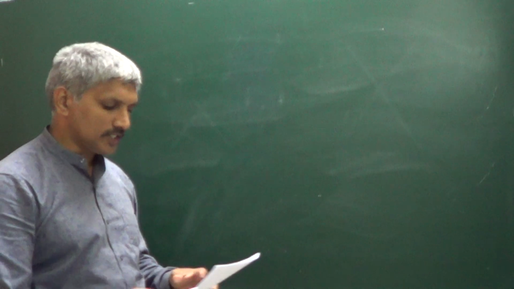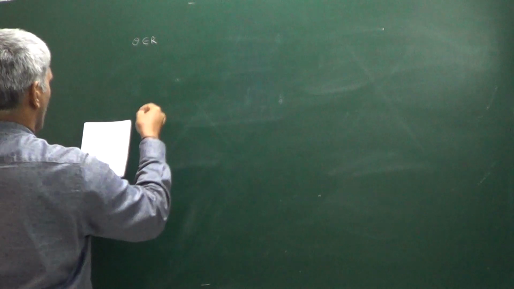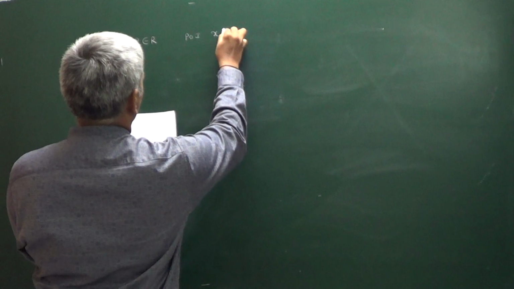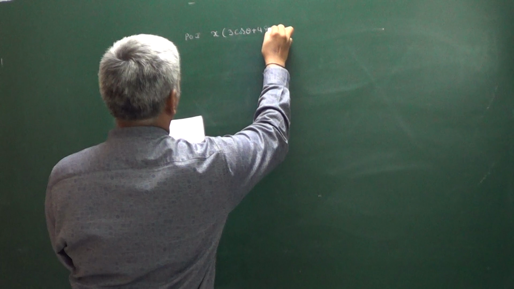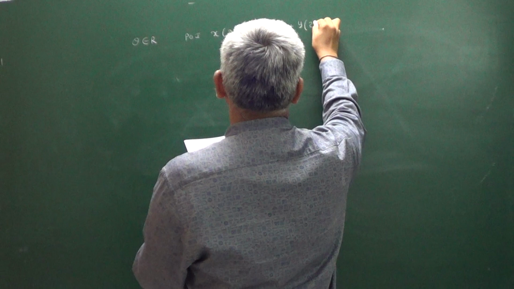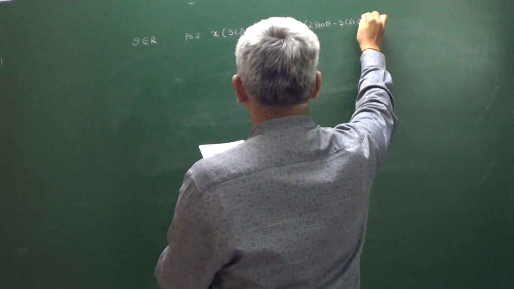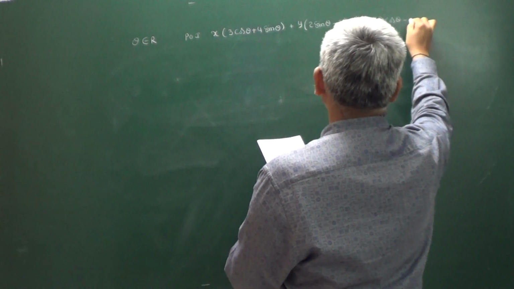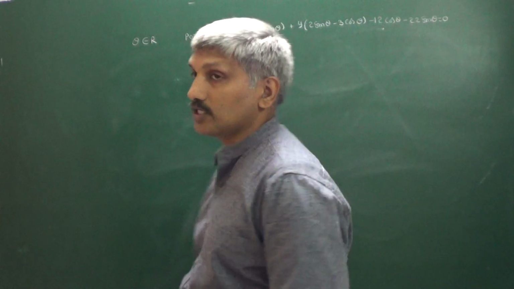Another question is asking: theta belongs to R, and the point of intersection of the family of lines x(3 cos theta + 4 sin theta) + y(2 sin theta - 3 cos theta) - 12 cos theta - 22 sin theta = 0.